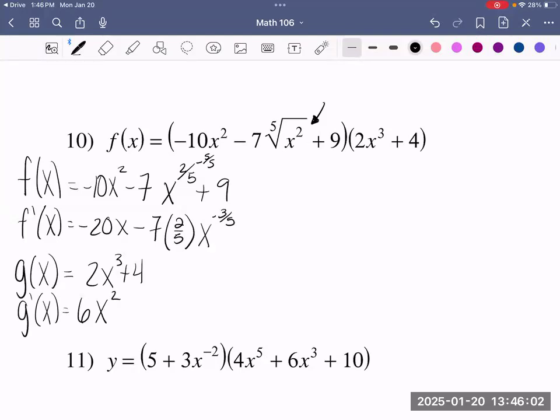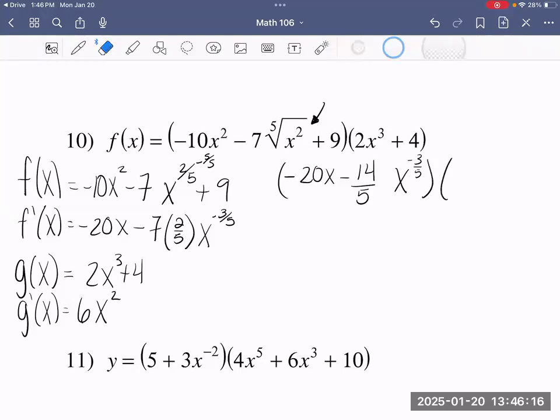So let's bring it together. And I might write this as 14/5 x to the negative 3/5. And then keep in mind too, because it's not going to simplify nicely, because it's a negative exponent, we can drop the x down below our division sign and turn it positive as well.